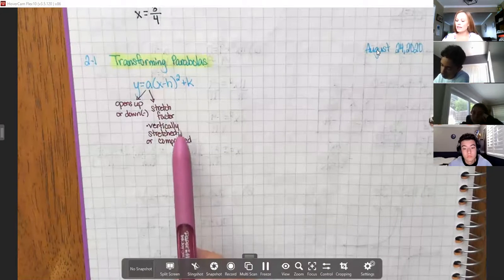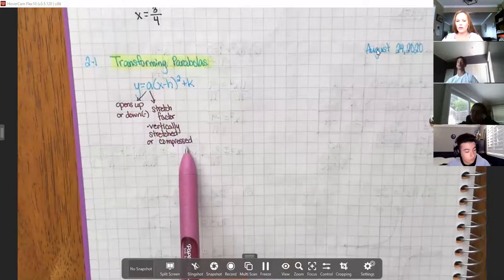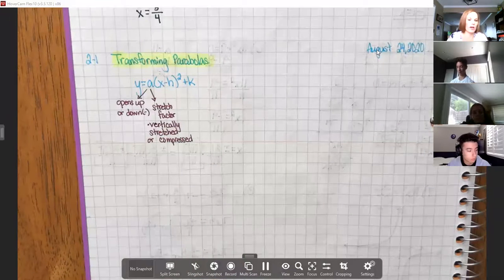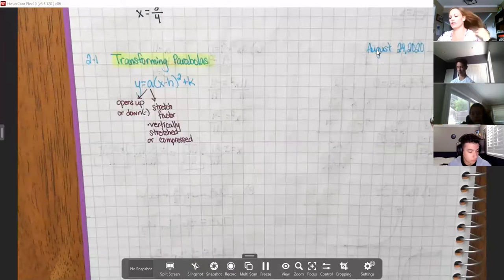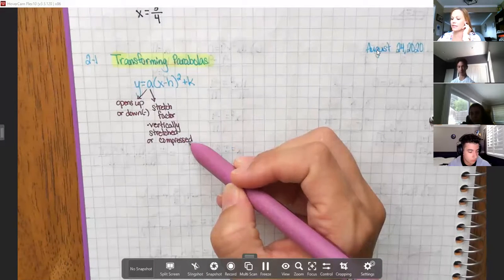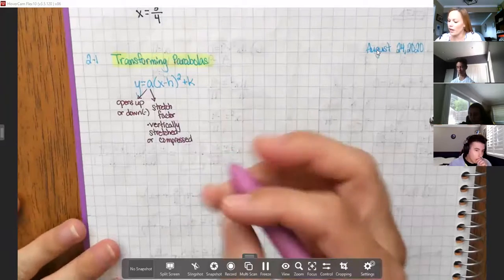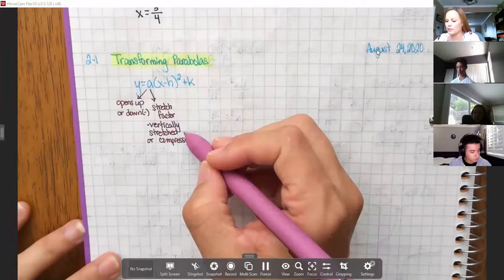And remember, basically that means like, is it skinny or fat, wide or narrow? These are just the correct math terms, vertically stretched or compressed. So vertically stretched is the same thing as being skinny, and vertically compressed is being wide. It's vertically stretched when the A value is greater than 1, or the absolute value of it.